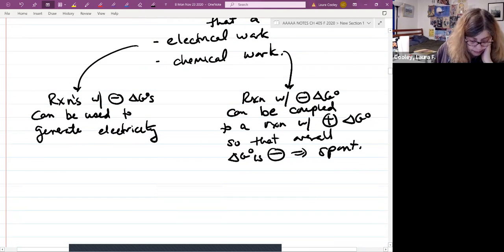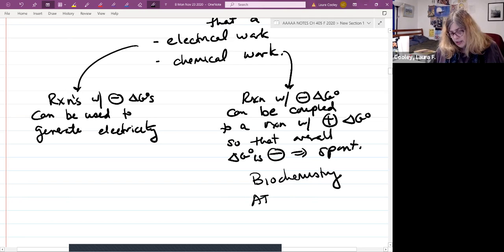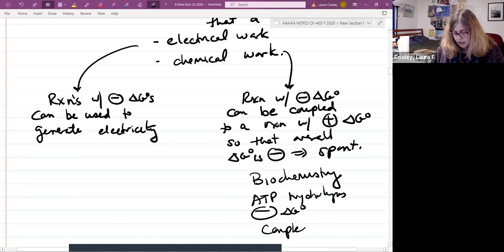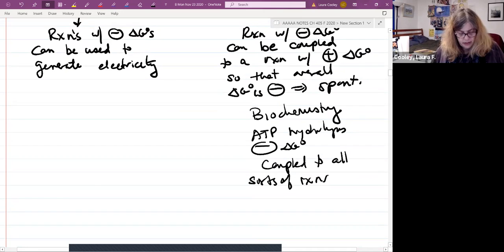This is very much used in biochemistry, where the ATP hydrolysis, for example, which has a negative delta G0, is coupled to all sorts of reactions. That's extra work. So that's the most common example.